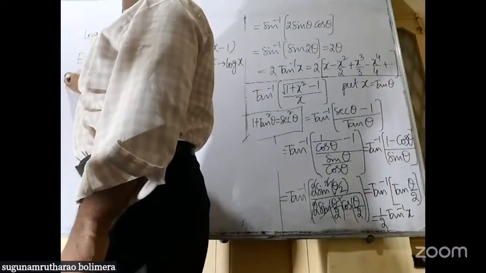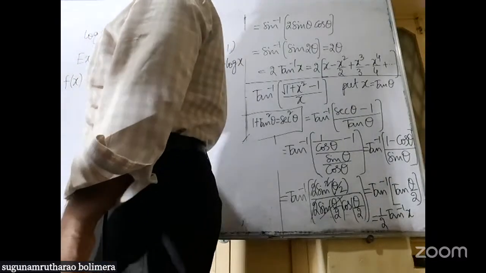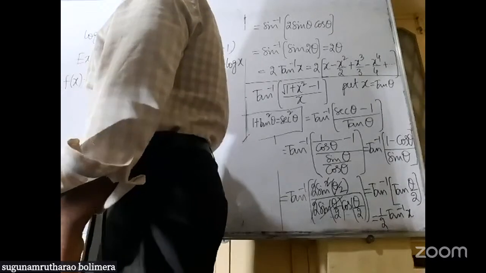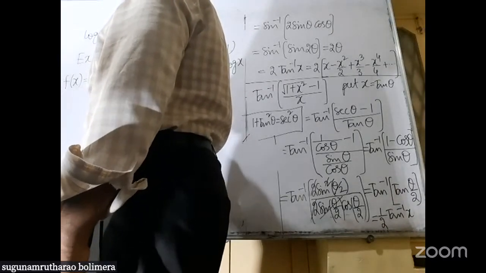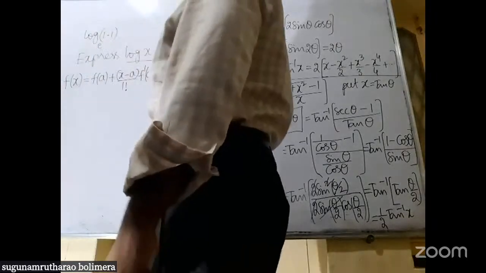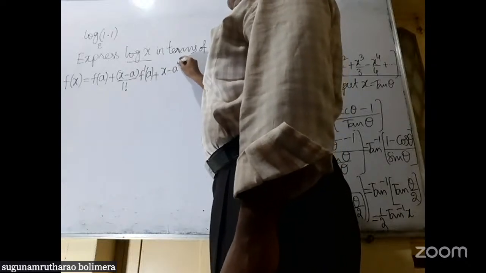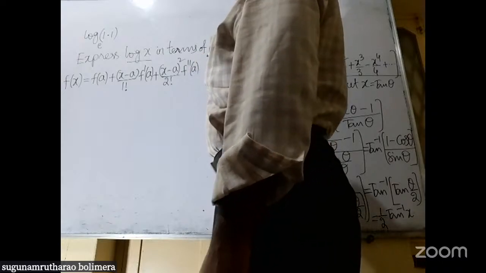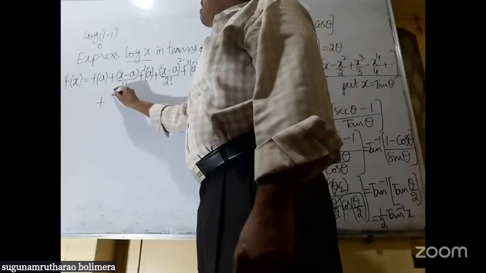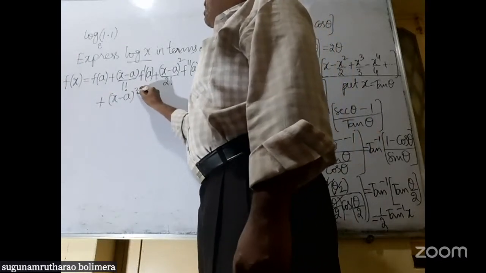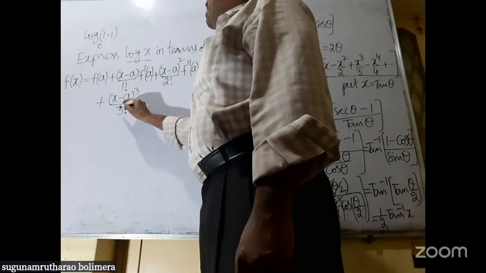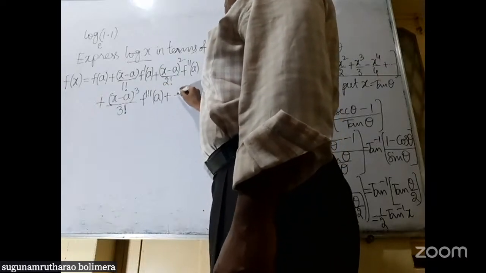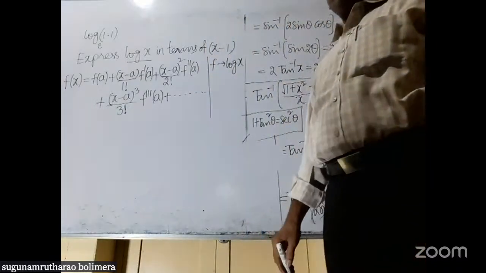You know, by Taylor series, f of x equals f of a plus x minus a by 1 factorial f dash of a plus x minus a whole square by 2 factorial f double dash of a plus x minus a whole cube by 3 factorial f triple dash of a, plus and so on.